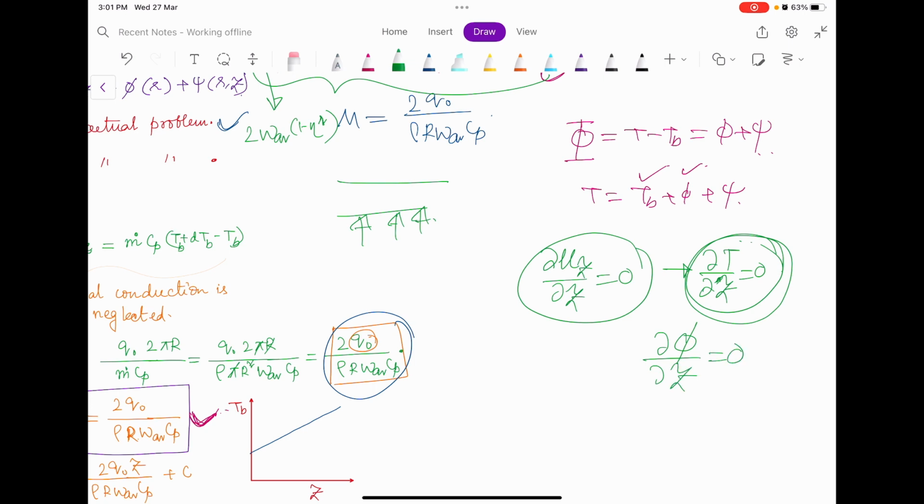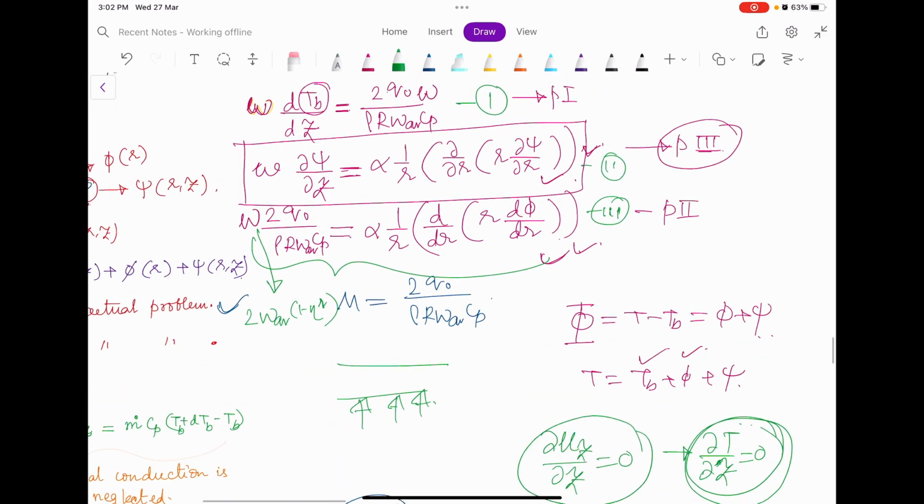I can have more options other than phi also. That is why we got a variable phi which is not changing with z, and that is why we are searching for a solution of the form phi equal to phi of r and not z, so that we can define some variable that will characterize the thermally fully developed flow.